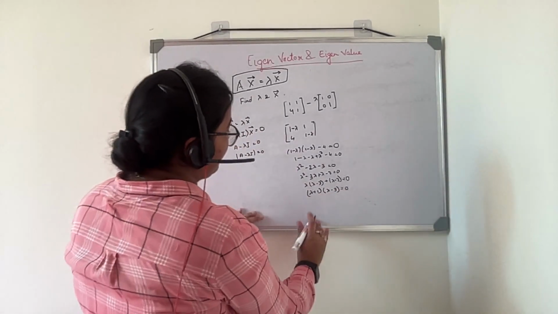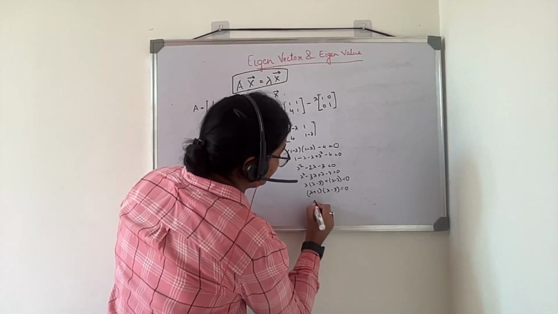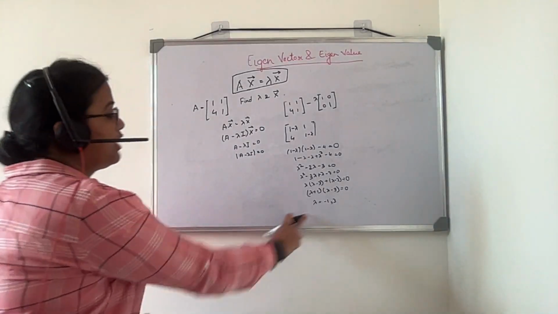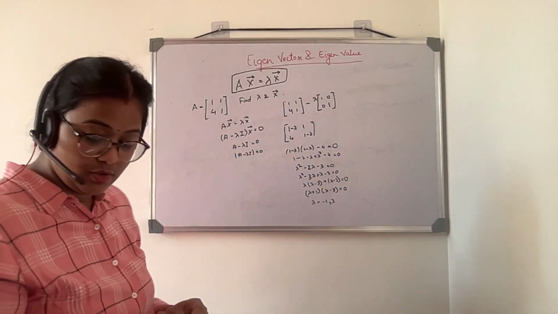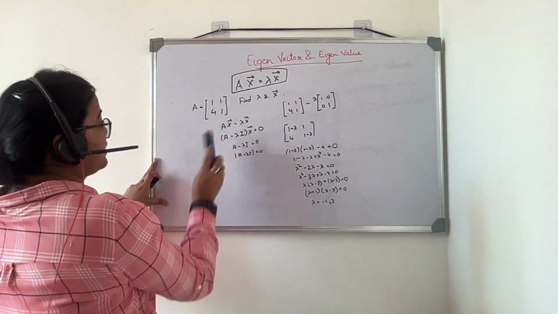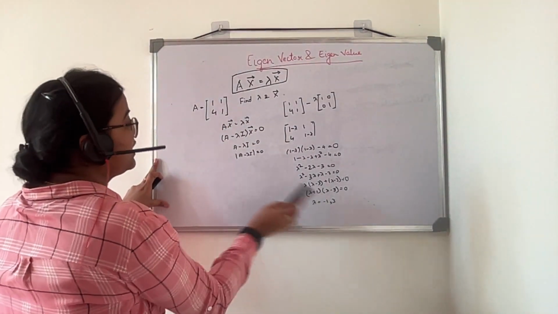Hence we got the lambda values here, minus 1 and 3. So we got the values of lambda here. The eigenvalues for this matrix are minus 1 and 3.